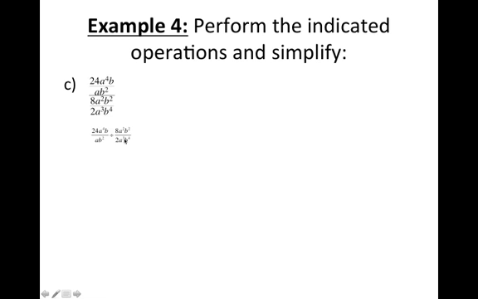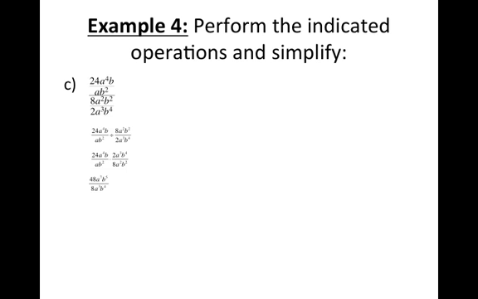Okay, so just like we did before, we're going to turn this into a multiplication problem by using the reciprocal of the second fraction. And so we'll have times 2a cubed b to the 4th over 8a squared b squared, just the reciprocal of what we had when it was written as a division problem. All right, we can multiply across the top and across the bottom.